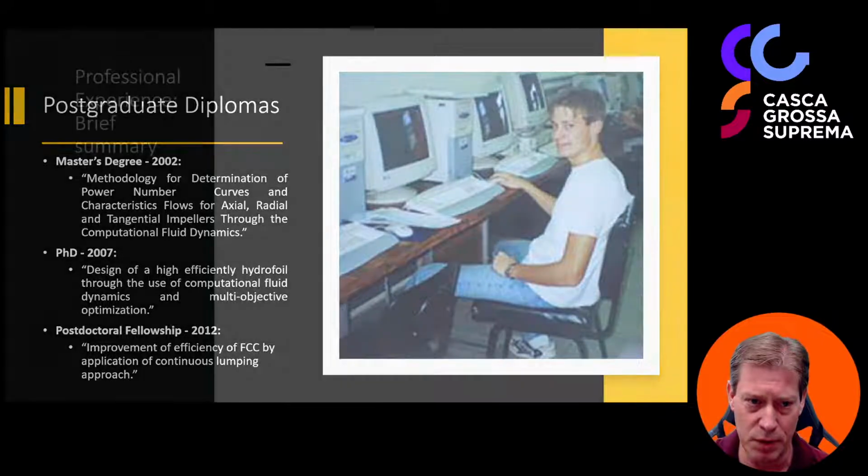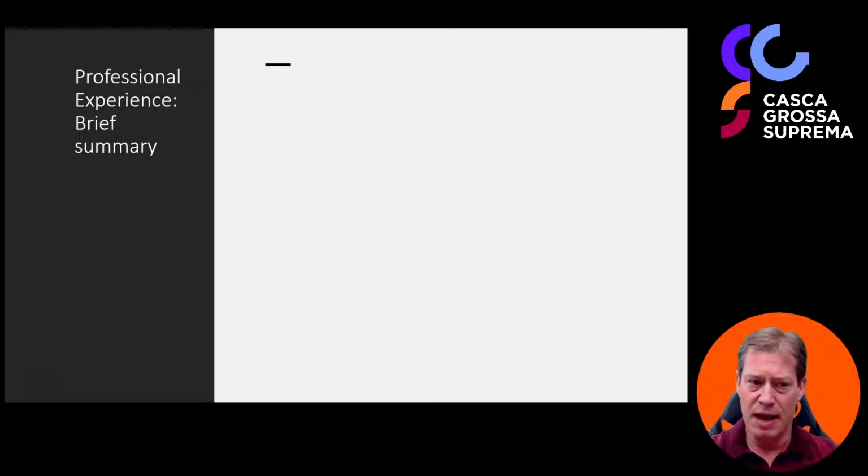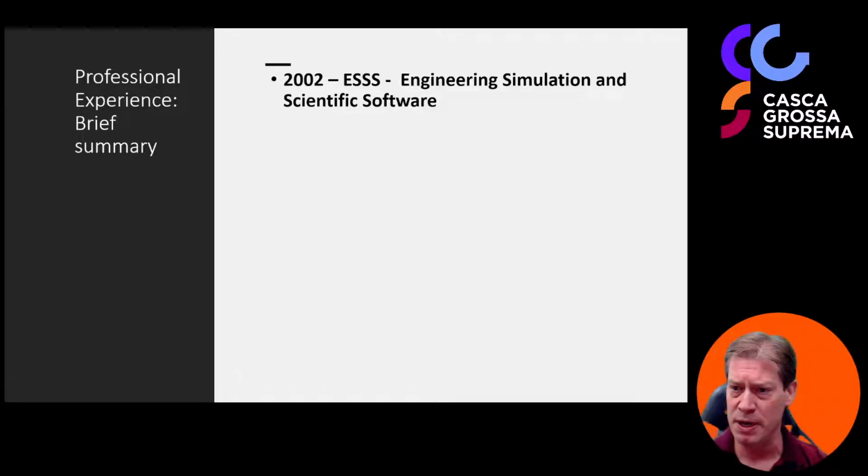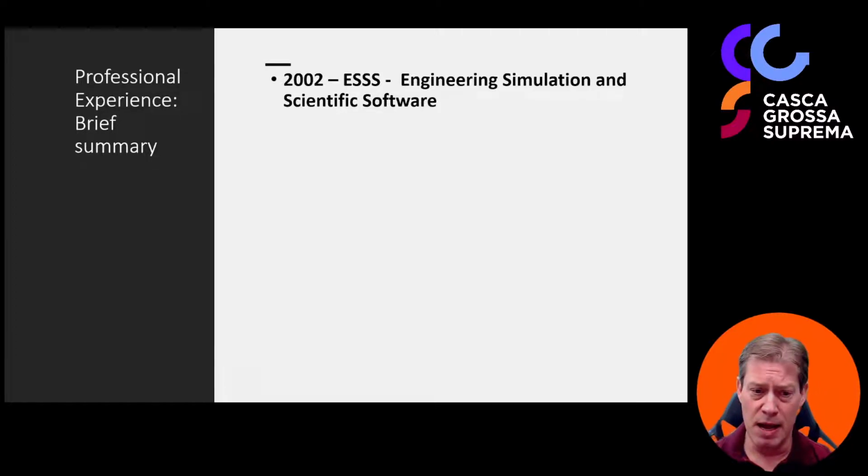So regarding my professional experience, I began to work around 2002 in a company called ESSS, Engineering Simulation and Scientific Software. Currently it is the largest company of its kind in Latin America. And at the beginning of 2004, I was responsible for opening the ESSS office in São Paulo, in Brazil, initially focused on simulation for the chemical and petrochemical industry.